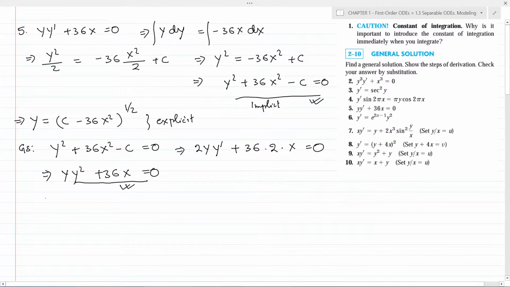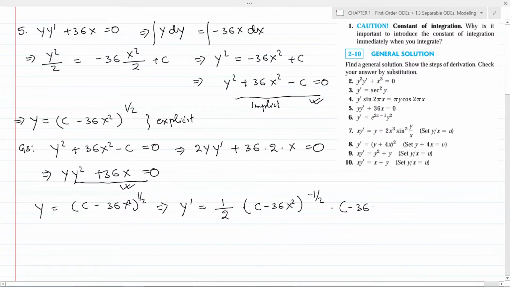We can also use the explicit form and get the original differential equation. The explicit form of solution is y is equal to c minus 36 x square to the power half. We differentiate both sides with respect to x and we get y dash is equal to half multiplied by c minus 36 x square to the power minus half multiplied by minus 36 multiplied by 2 multiplied by x.